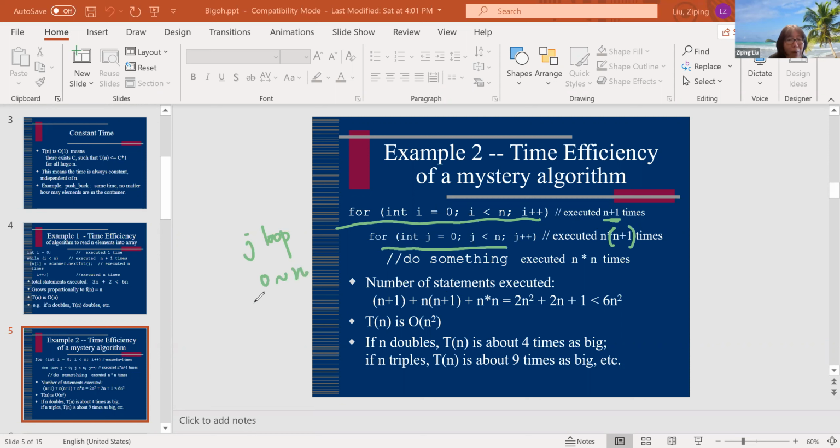Totally how many times will this statement be executed?